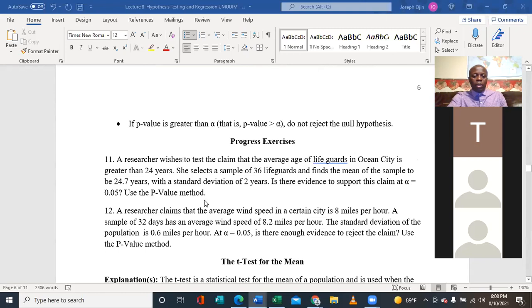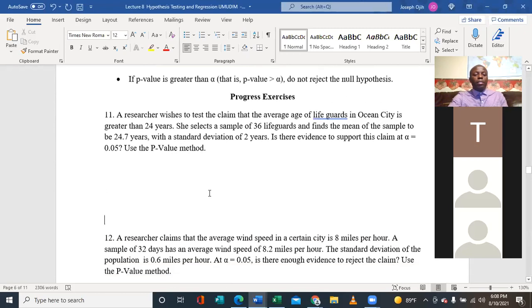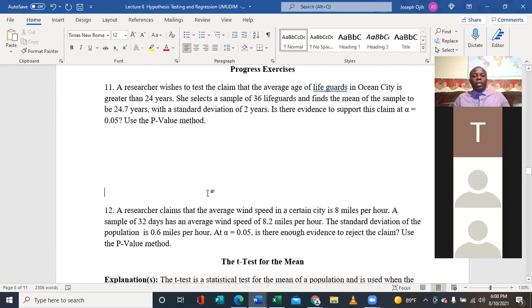Let's see how this works. We're going to use this example. It says, a researcher wishes to test the claim that the average age of lifeguards in Ocean City is greater than 24 years. You can see the keyword is greater than 24 years.